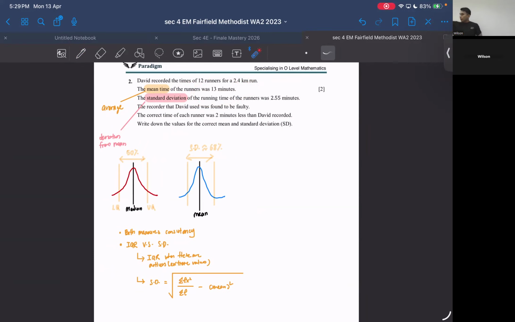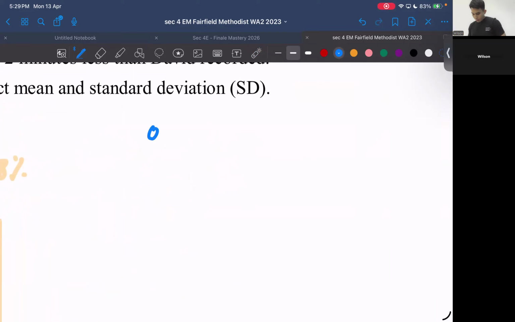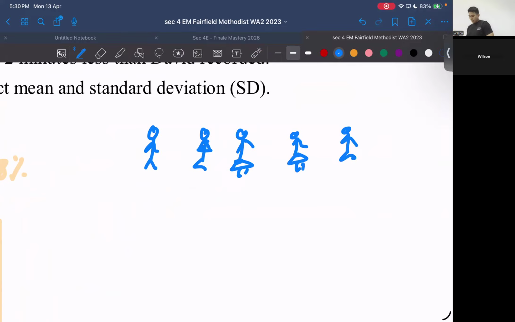Okay, now let's stick with it. I'm going to show you all an exam strategy which will help you if you're not too sure. I changed the question a bit. Now, Davina, now I have 5 people over here. 1, 2, 3, 4, and then I have 5 over here. Now their running times are 10, 11, 12, 13, 14 over here.